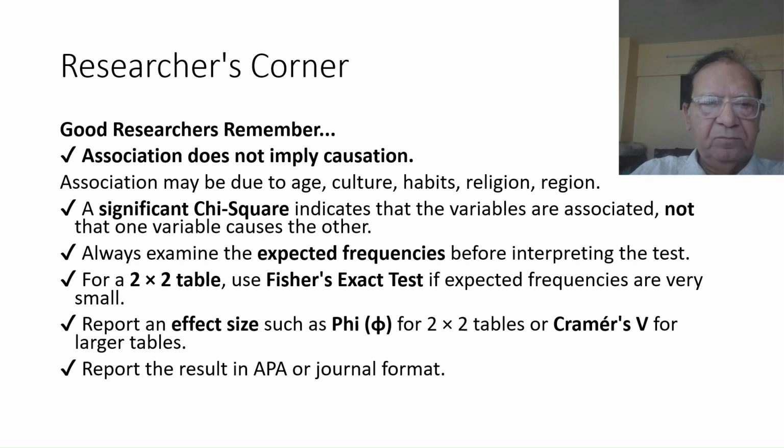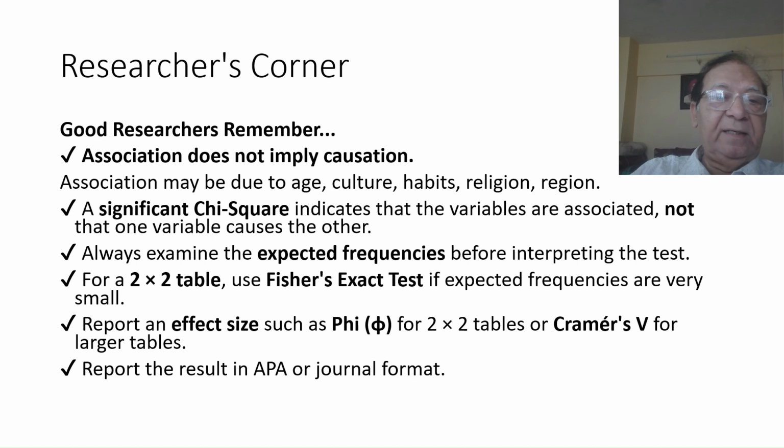Researcher's Corner. Before we conclude, let me share a few important points from the researcher's perspective. The chi-square test tells us whether two categorical variables are associated. However, it does not establish a cause and effect relationship. A statistically significant result simply indicates that the variables are related more than would be expected by chance. Before interpreting the results, always check the expected frequencies.